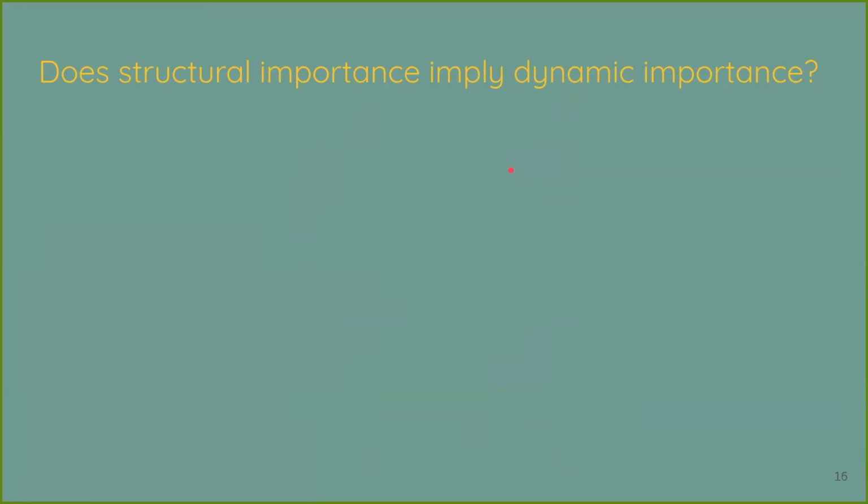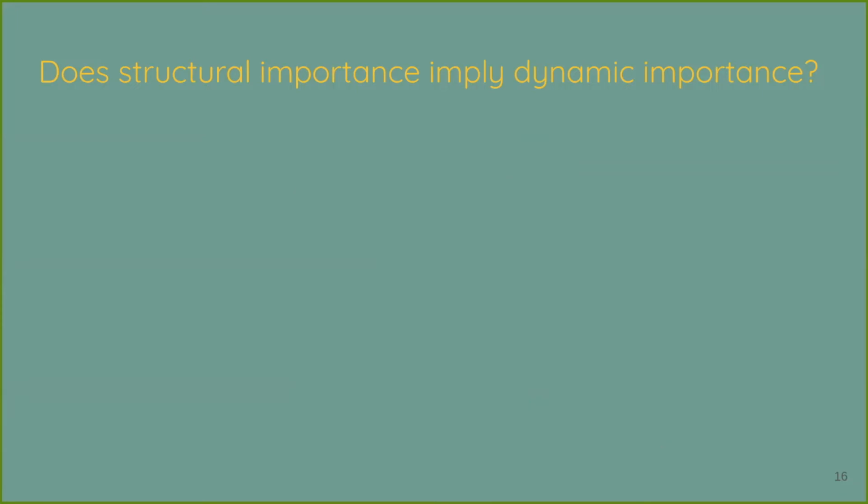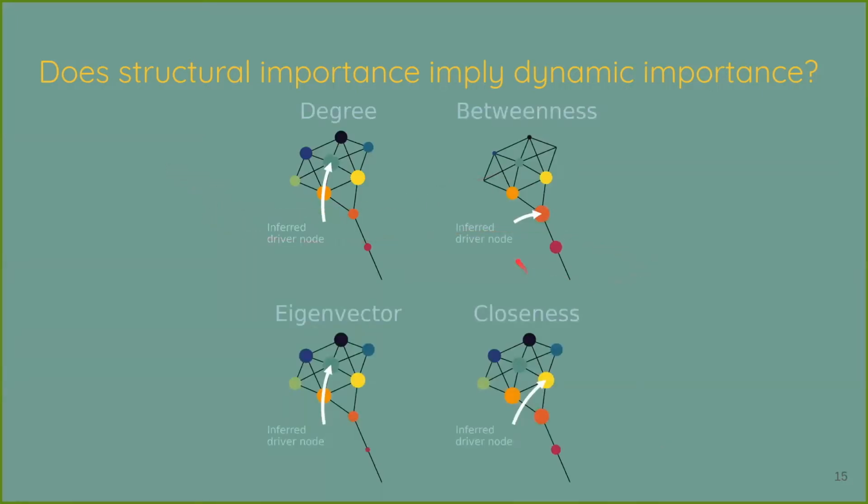From a graph theoretical perspective, all of these centrality metrics essentially map out the walk structure of a graph. And from a complex systems perspective, we can say they implicitly assume a dynamic. So in this case, with betweenness centrality, if we assume that structure to some extent implies dynamical importance, then we also by proxy assume that the dynamics of this system is governed by shortest path dynamics.